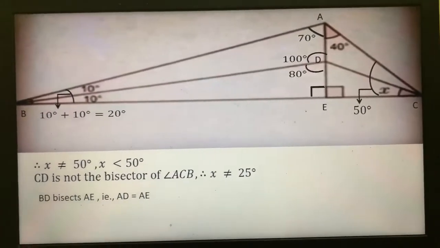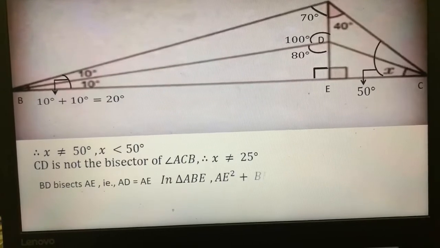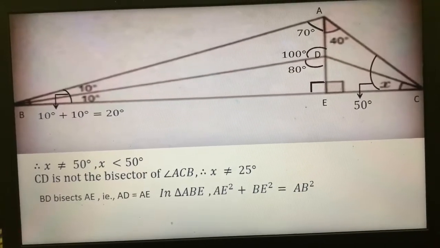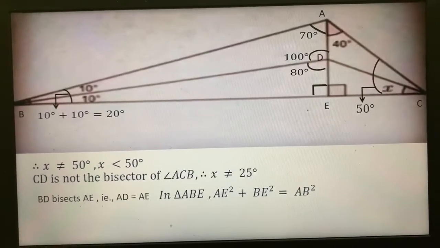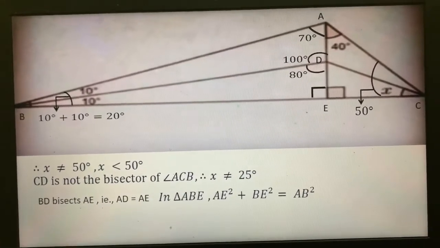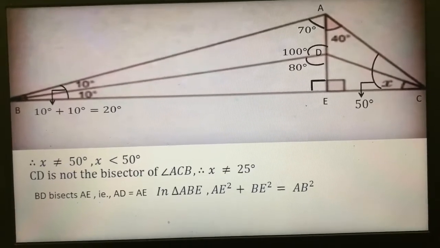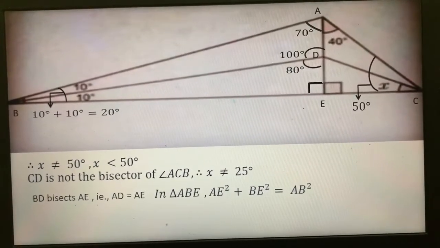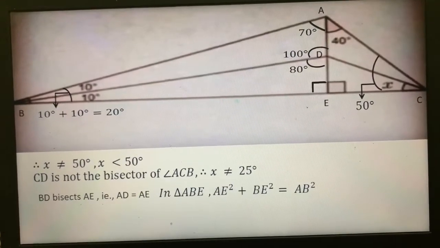But there is a contradiction here. If AD equals DE, then the contradiction rises with triangle ABE. How does the contradiction rise? In ABE, perpendicular square plus base square gives the hypotenuse square. Perpendicular is AE, base is BE. So AE square plus BE square equals AB square.